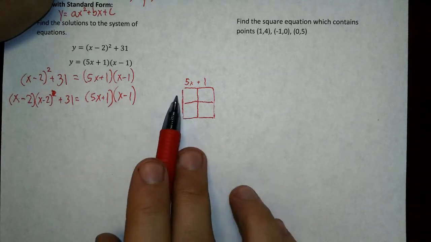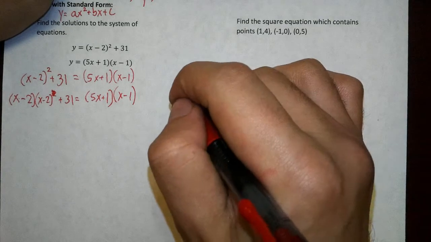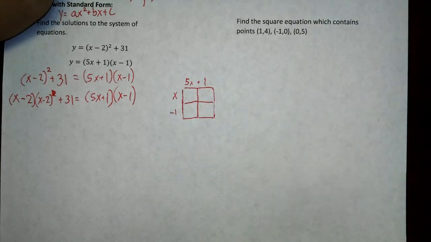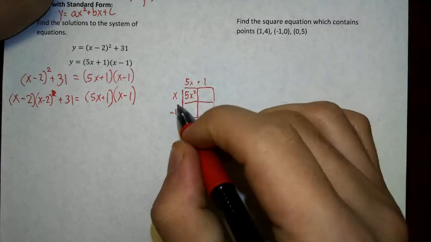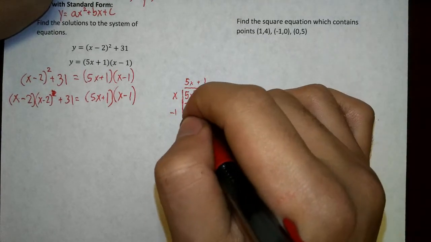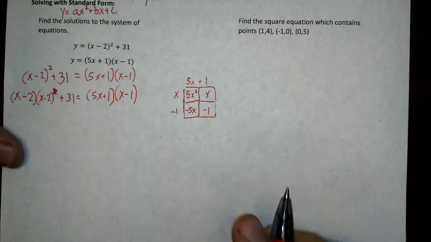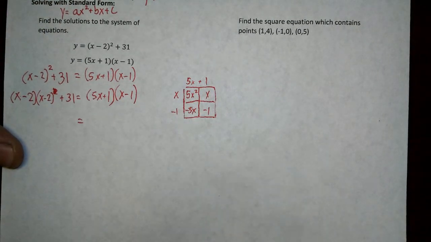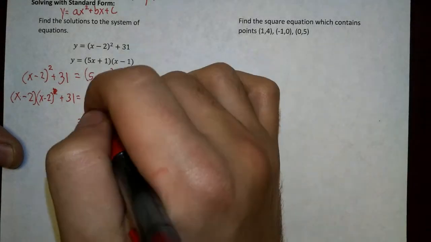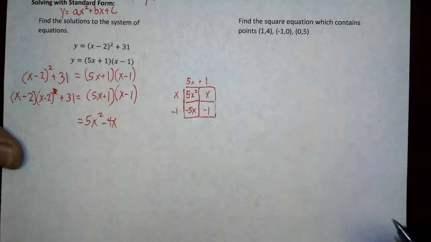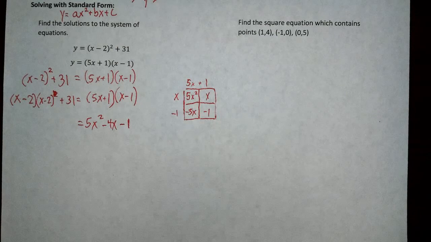My x term gets this row, and my -1 gets this row. Then I'm just going to multiply to find what's in the boxes: 5x squared, x, -5x, and -1. Then I'm going to write these all over here: 5x squared minus 4x minus 1.